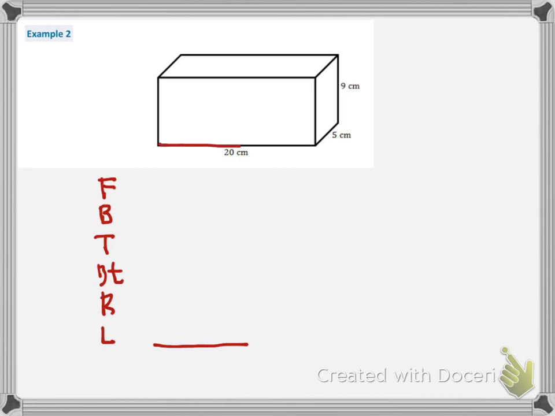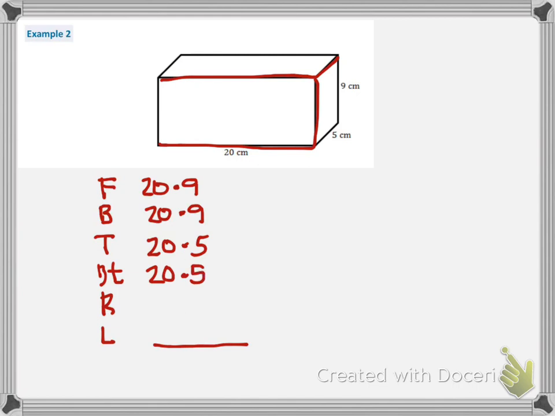The front is a 20 by 9, so that's 20 times 9. So is the back. And then the top is going to be 20 times 5, and so is the bottom. And then the right side is a 5 by 9. So that's 5 times 9, and so is the left side, 5 times 9.